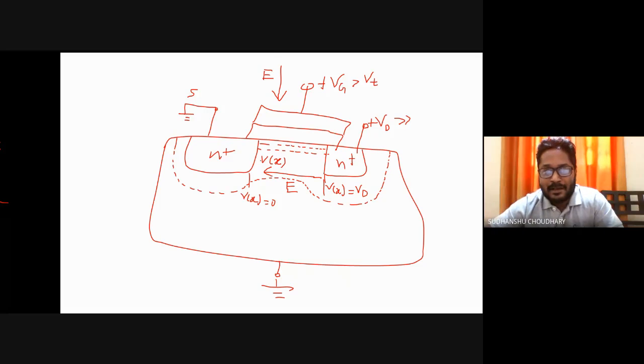So the channel potential also increases from source to drain, right? Let's say the channel potential increases and reaches Vd at a channel length of L. Let's say this is the x equals 0 point where my Vx is 0, and this is the x equals L point where my Vx is equal to Vd.